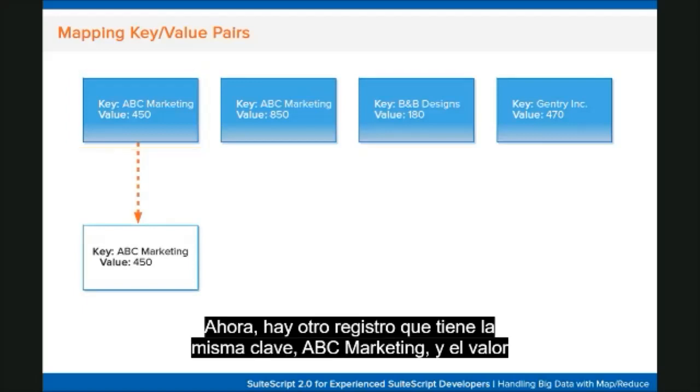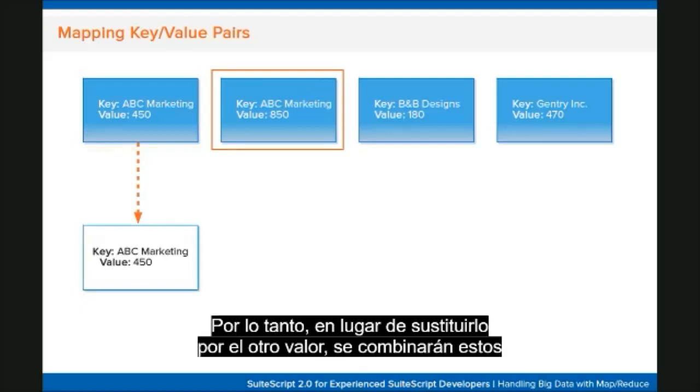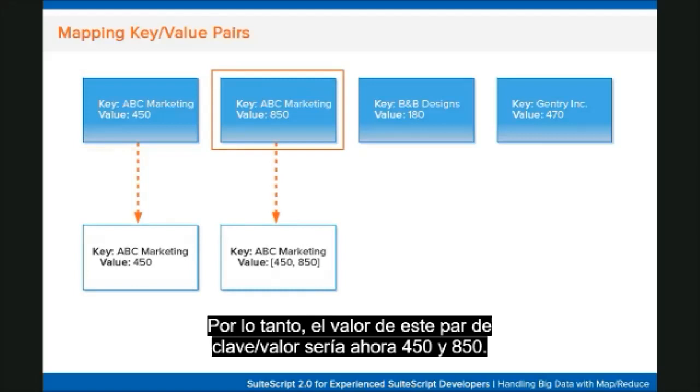Now there's another record that has the same key, ABC marketing, and the value of 850. And what will happen there is that the system would see that this key already exists in the system. So instead of replacing that with the other value, it's actually going to combine those two values. So the value for this key value pair would now be 450 and 850.